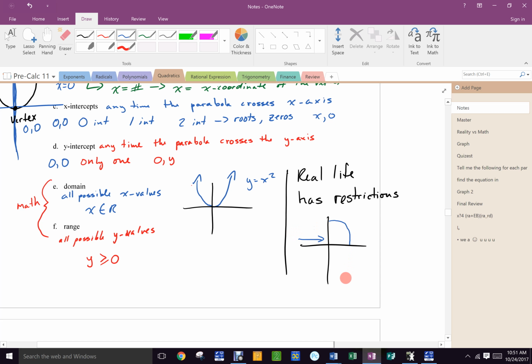Can the ball dig into the ground? So could I have any values down here? So in real life, I have restrictions. Math class? No. Real life? Yes. Is everybody good? Yeah? Everyone is good? Yes.